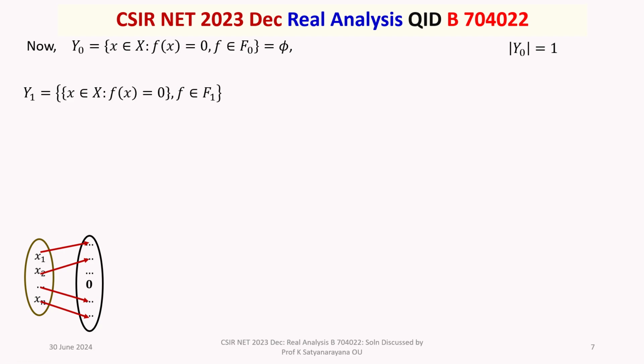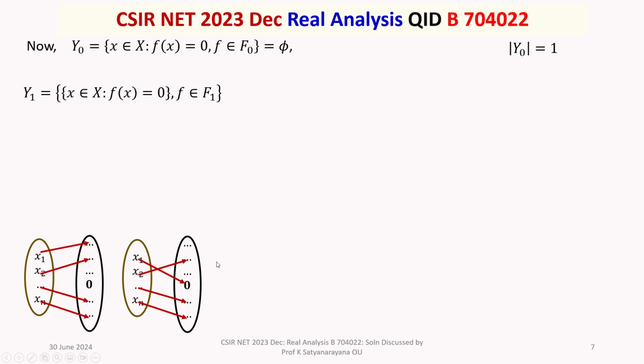Let us see one such function. Real number line, capital X, a finite set. Here is an f which is sending x1 to 0 and the remaining elements elsewhere. There will be several functions in F1 doing this, and for that, the subset is singleton {x1}.